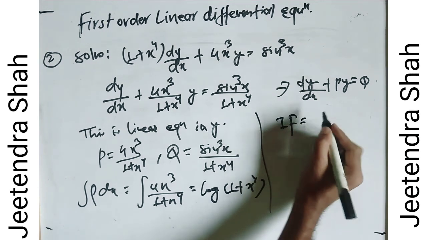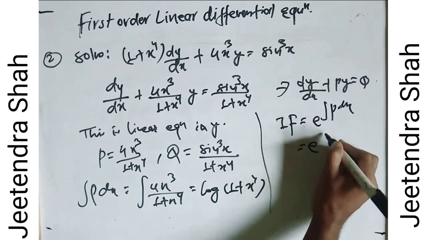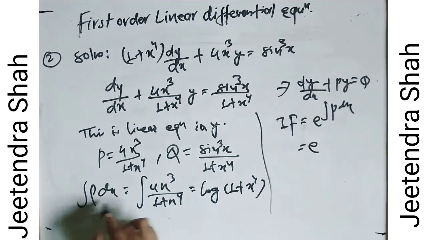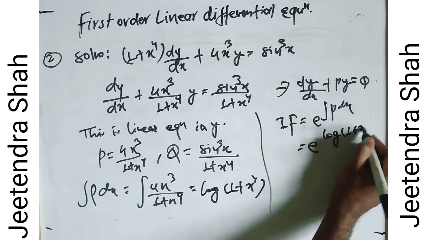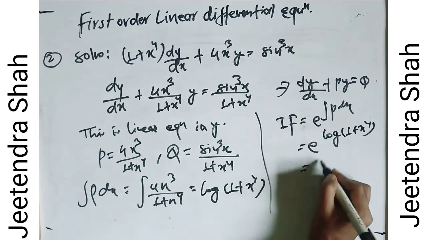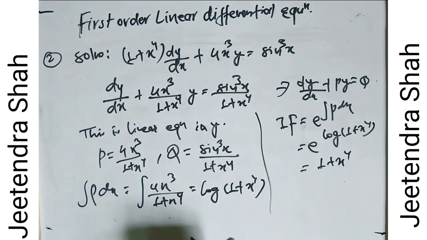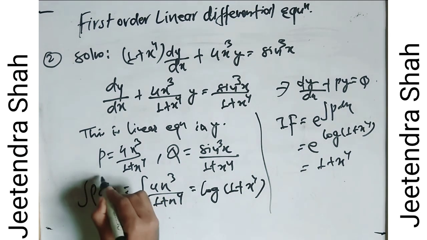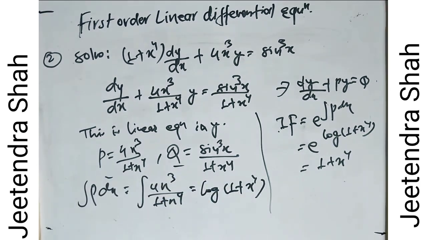Integrating factor equals e to the power integral of P dx, which is e to the power log(1 + x^4), so we get 1 + x^4, since log and exponential cancel out. Now the last step is to calculate the general solution.